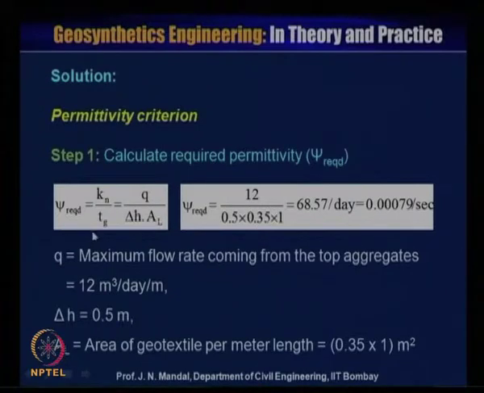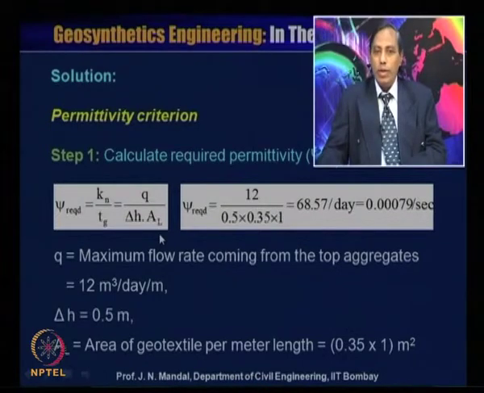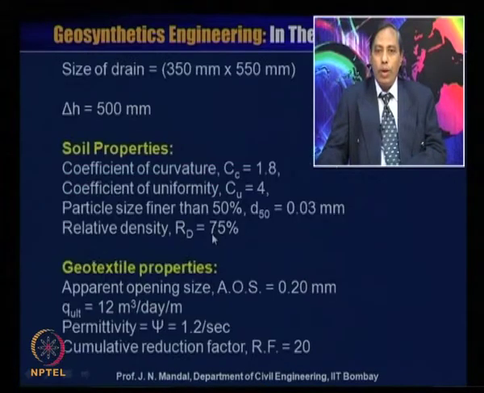Psi required is equal to Kn by Tg, that is Q by delta H into A. We know the equation. Q value is given 12, delta H value is given 0.5, and A is equal to 0.35 into 1.